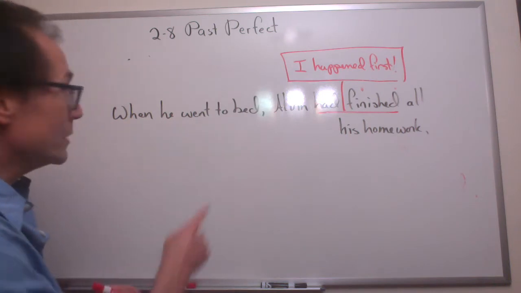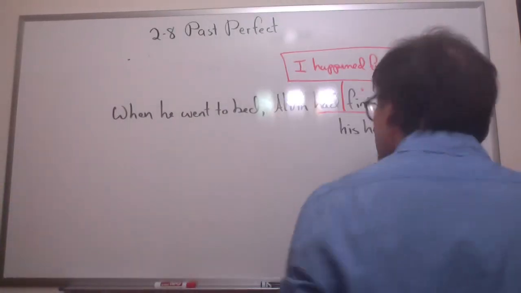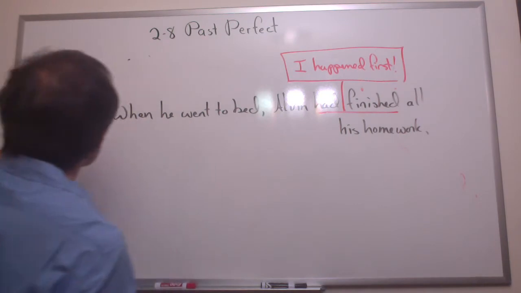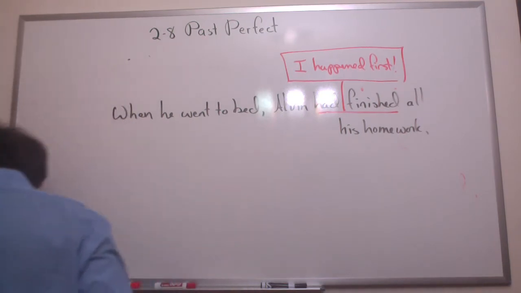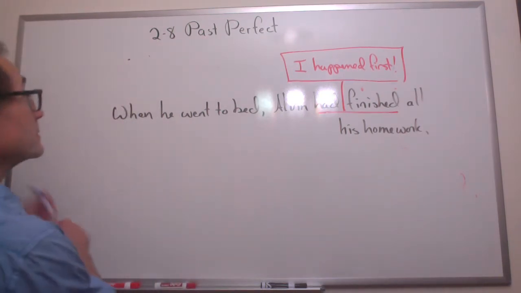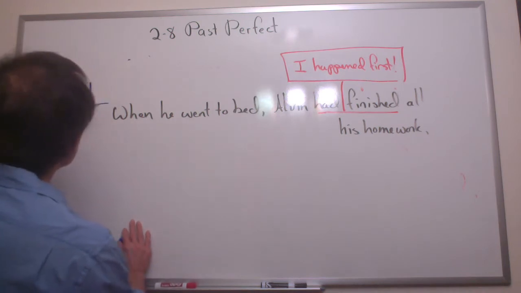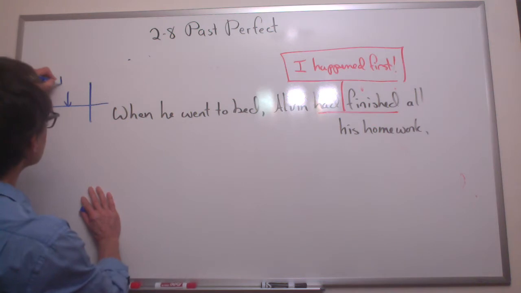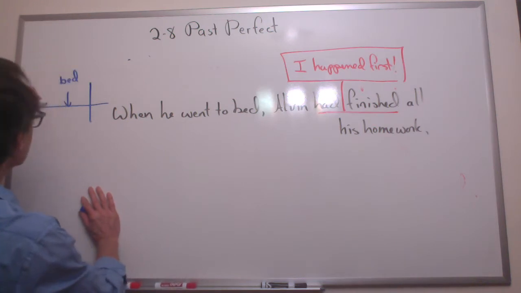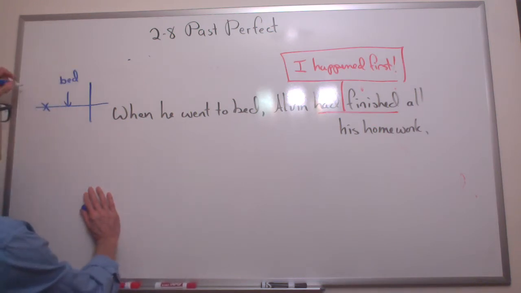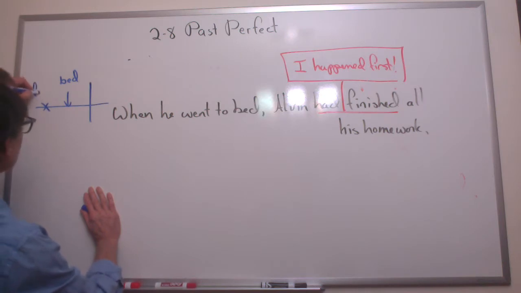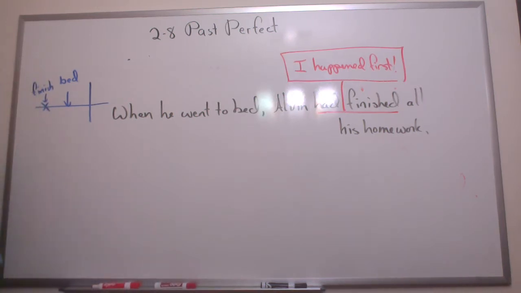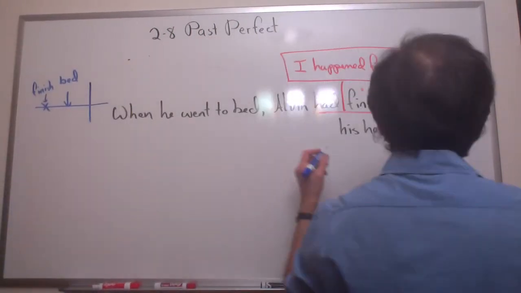Okay? So if I draw a picture, it can look like this. Let me use a different color. So let's see here. Here's when he went to bed. Okay? And then here is when he finished his homework. Finish happened first. Okay? So, let me just write that on the board.